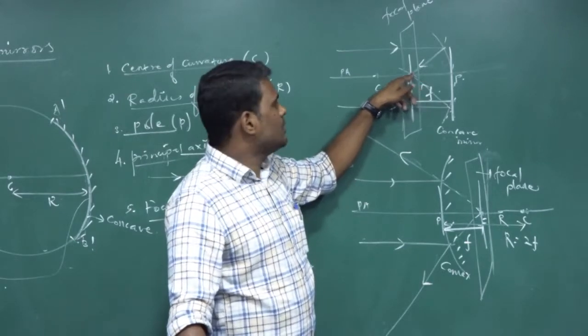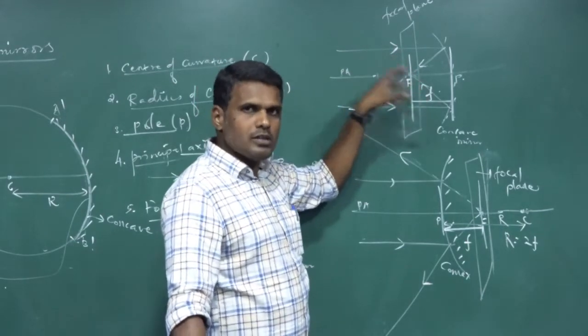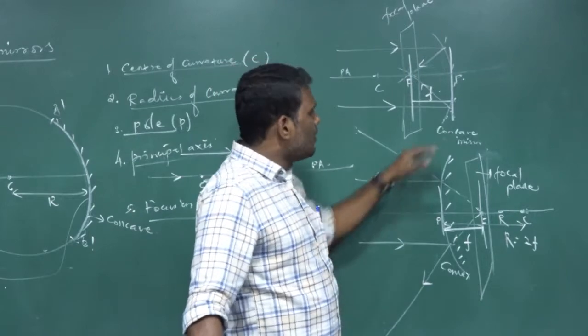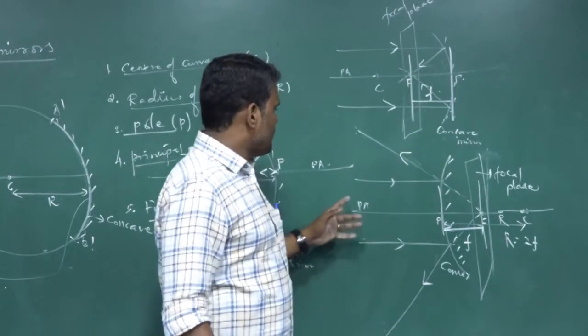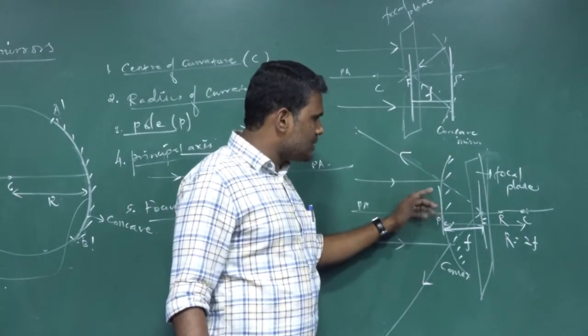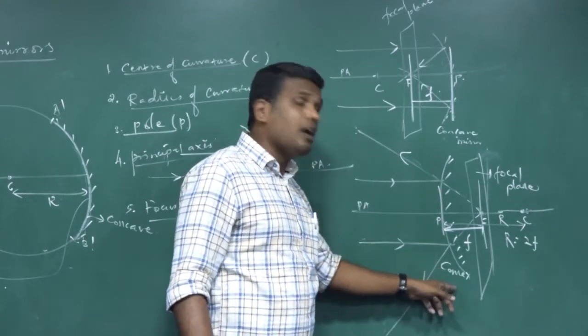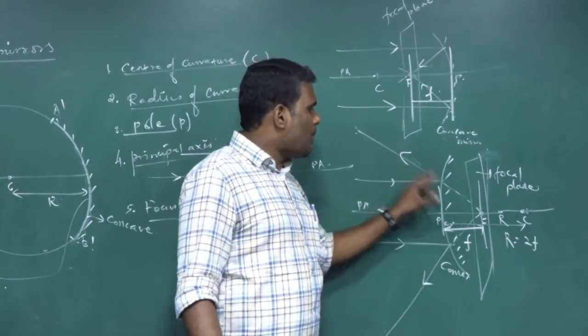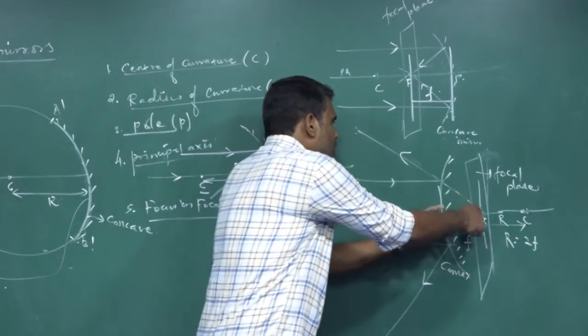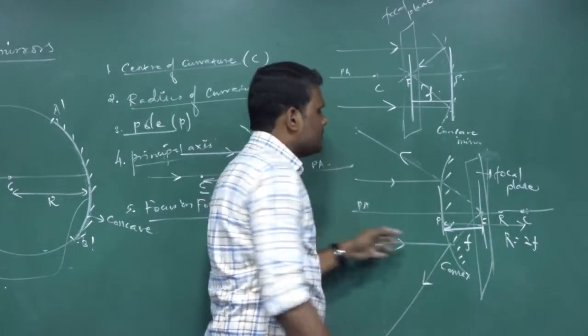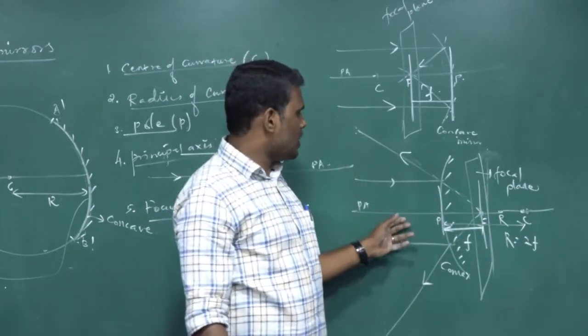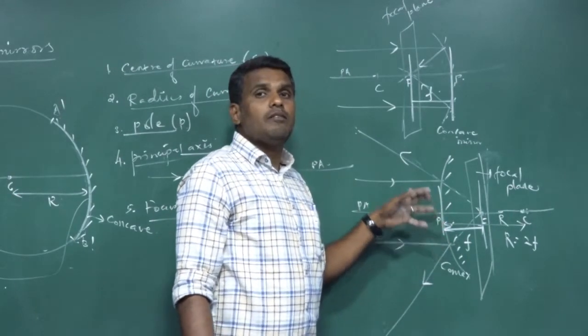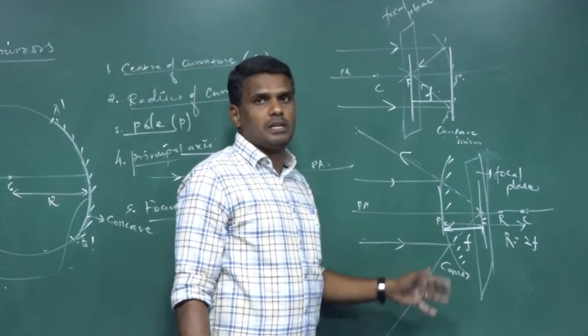We call it the principal focus or focal point of the concave mirror. Then the rays passing parallel to the principal axis after reflection from the convex mirror will appear to diverge from a point on the principal axis. We call it the principal focus of a convex mirror.